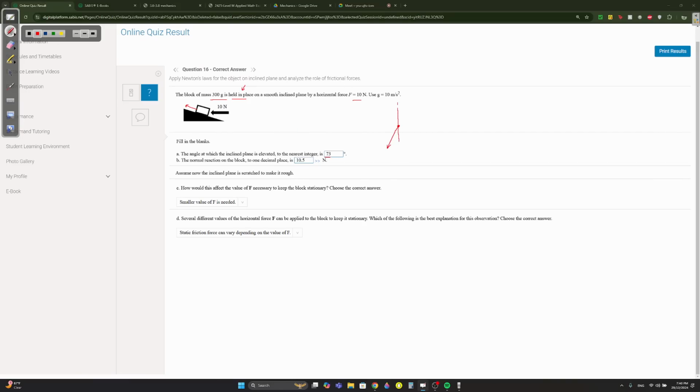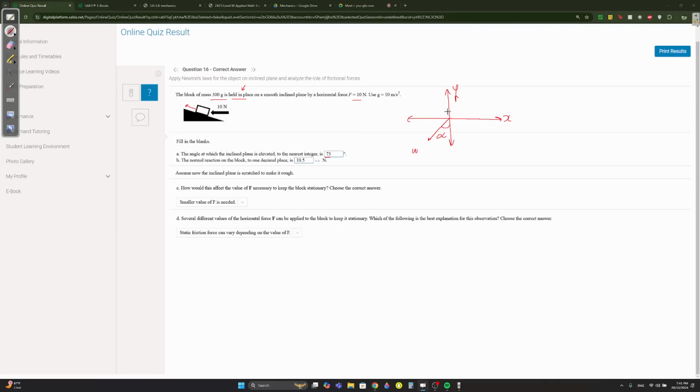Right? Let's draw the y-axis. Let me rewrite this. You have y and you have x. Weight is going to the left. Theta, let's call it alpha. Now let's draw the forces.